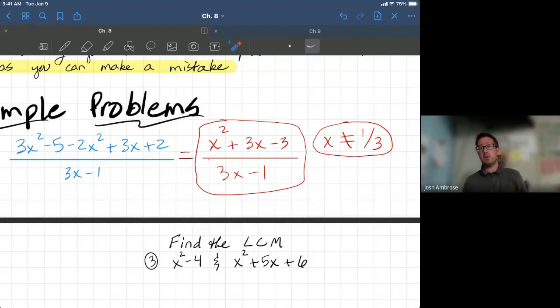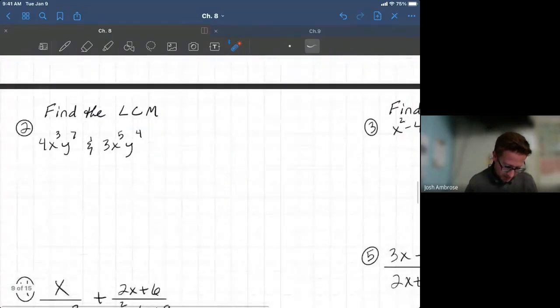Solving that, you get 1/3. So what we would then say is x can't equal 1/3, because if it did, then our denominator would be 0. And if our denominator is 0, the entire fraction would be undefined. That's not good. So really, we would need both parts here. Okay, there you go. So let's take a look at example problem number 2.